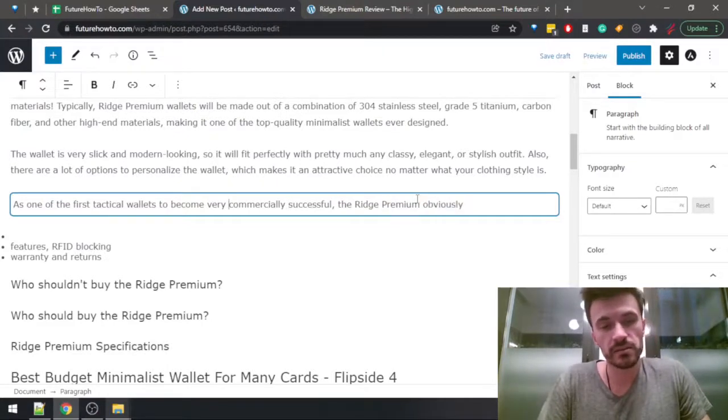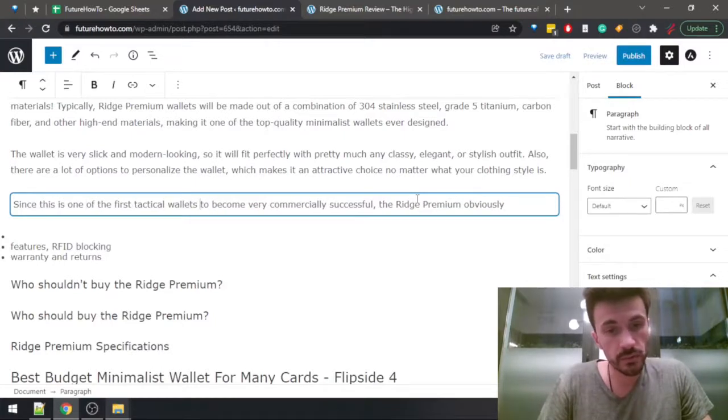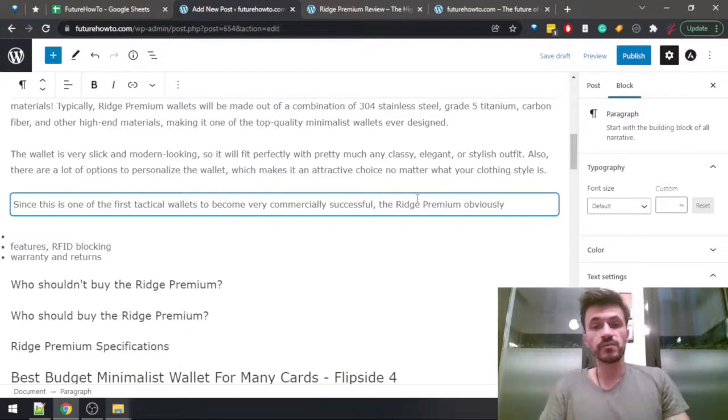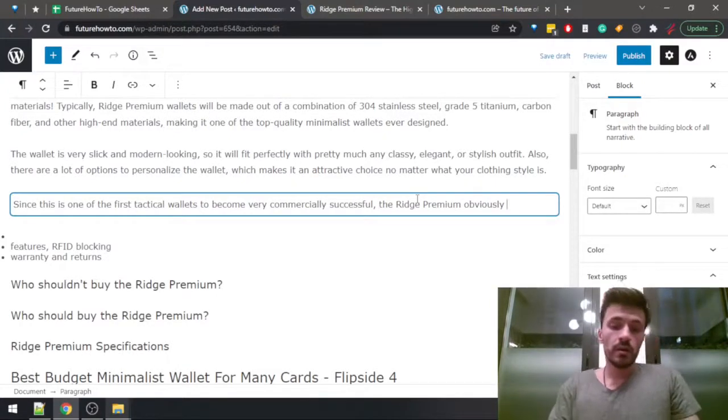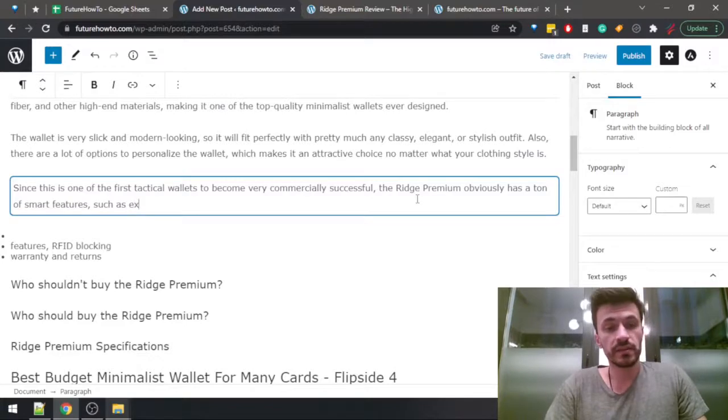Nah, I don't like this. Maybe since this is one of the first tactical wallets to become very commercially successful, the Ridge Premium obviously has a ton of smart features, such as excellent RFID blocking.